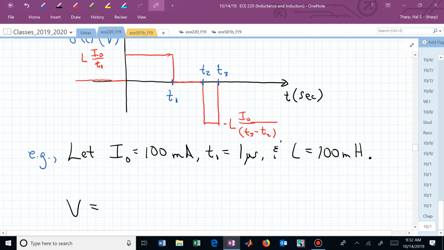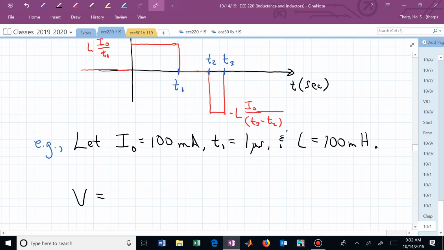Making sure everyone's awake. So we now have I sub 0, T1, and L. We can put all of those pieces together. L was 0.1, I sub 0 is 0.1, and T1 is 10 to the minus 6.